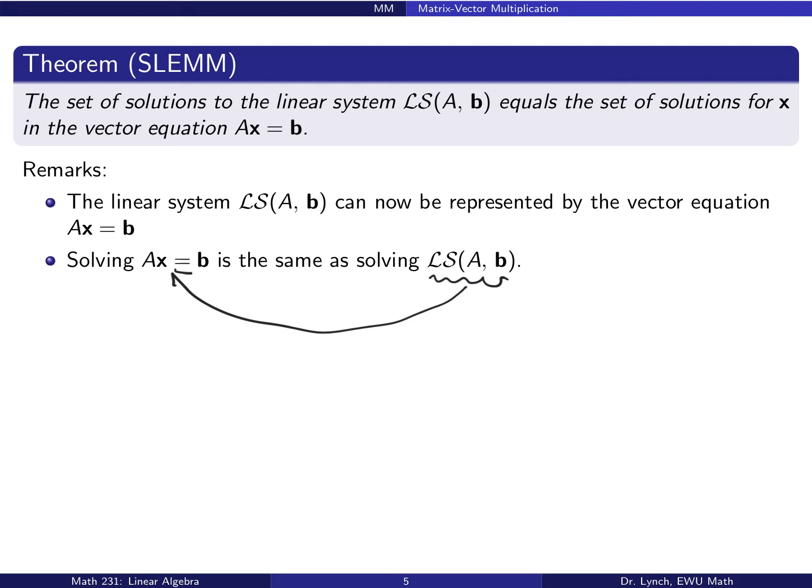So if we want to solve the linear system with coefficient matrix A and vector of constants B, we'll now instead solve the vector equation AX equals B.